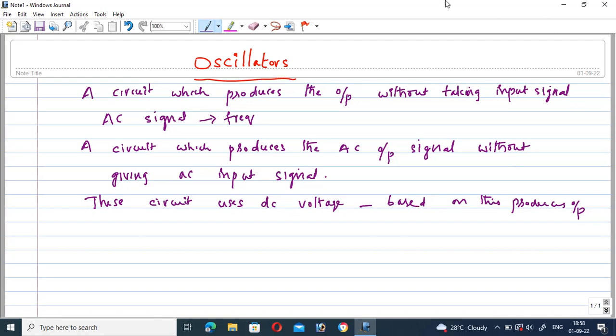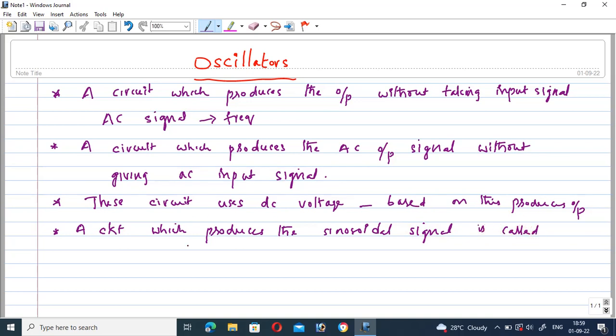Generally, we define that a circuit which produces a sinusoidal signal is called an oscillator.